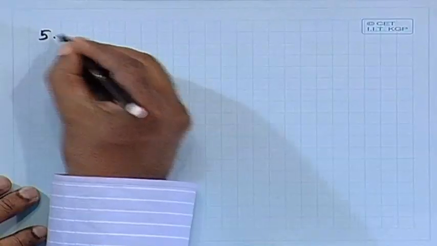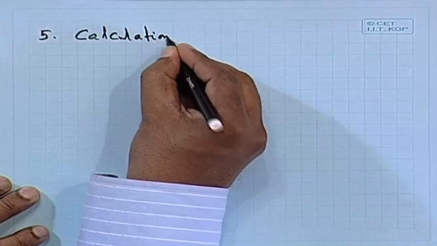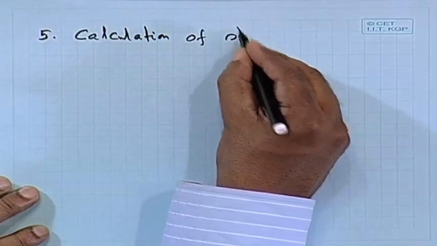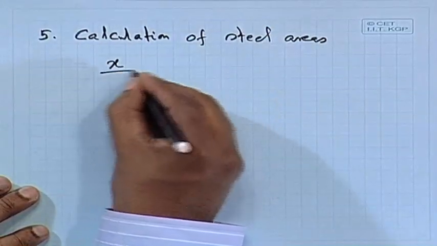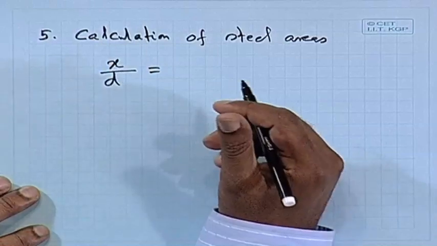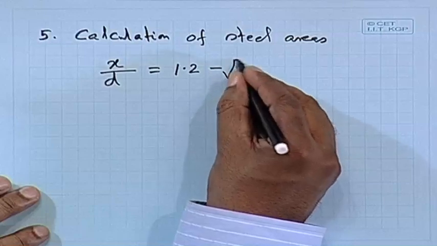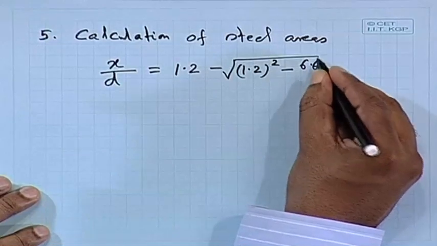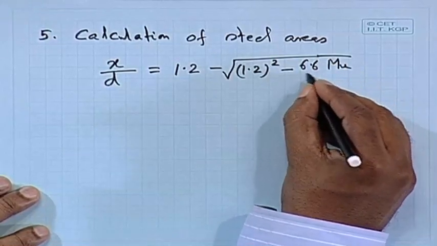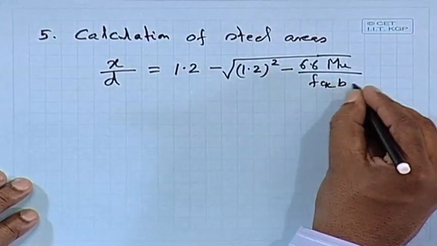Number 5, calculation of steel areas. We can calculate this directly, or we can go from the Mu formula, or directly we can remember this formula: 1.2 minus root over 1.2 whole square minus 6.6 Mu by fck b d square.